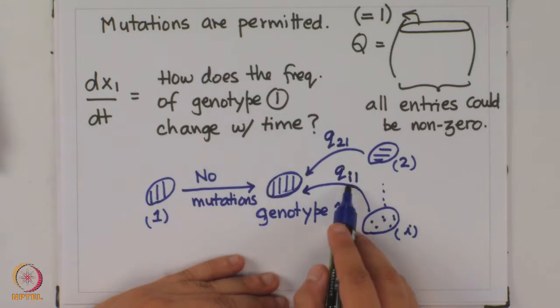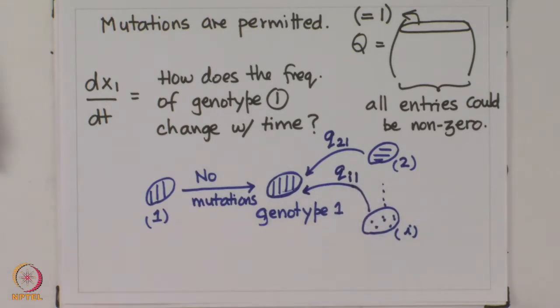So, these are all the physical events, the division events that could give me a progeny which belongs to genotype 1. First of all you should identify how many such distinct processes there are which could give me a progeny which belongs to genotype 1.